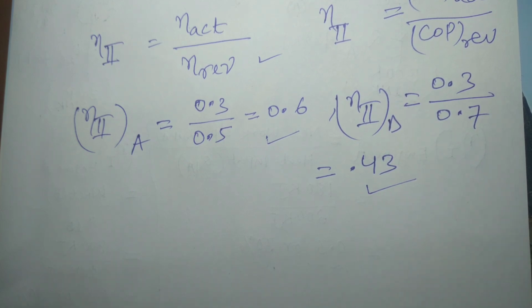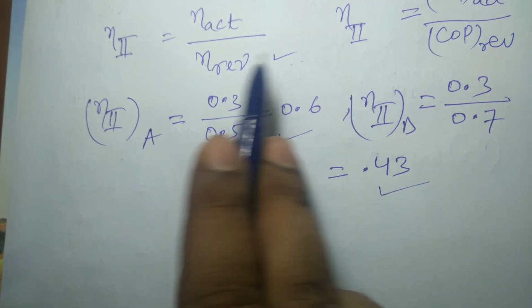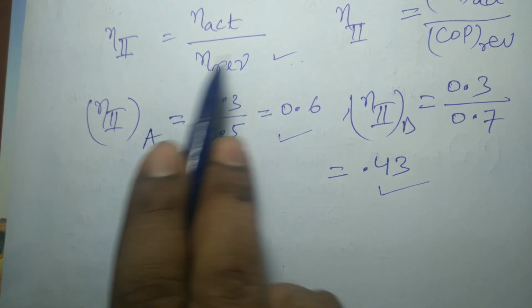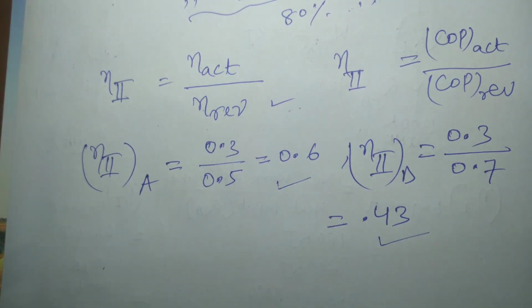So one question must be coming into your mind. These are the formulas which can be used for work producing or work consuming devices, and of course these devices are cyclic devices. So what about a simple device in which only processes occur, not any cycle completed? That means any non-cyclic device.